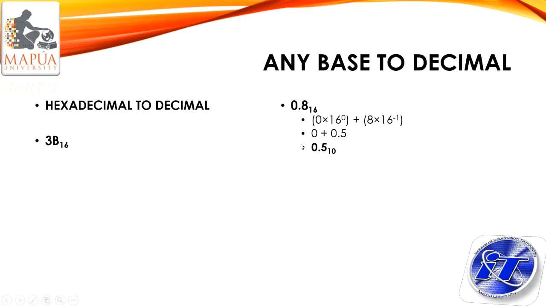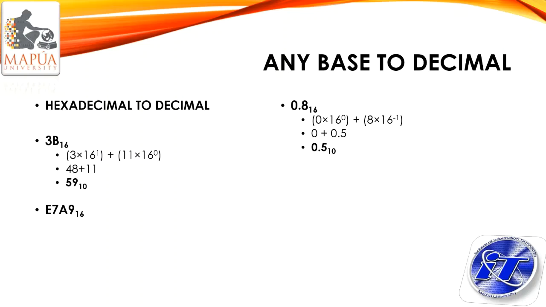Another example, 3B. Again, B is 11. So B will have a positional value of 16 raised to 0, while 3 has 16 raised to 1. Multiply, get the sum of the products, and we have 59. This is the equivalent of the given in decimal.